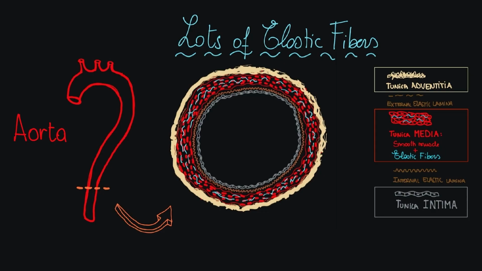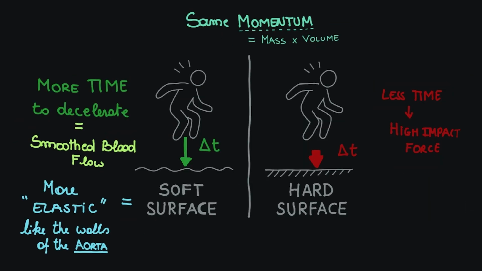This phenomenon is known as the Windkessel Effect. What's the Windkessel Effect? It's the fact that large arteries recoil, releasing this stored energy and maintaining sufficient arterial pressure to ensure uninterrupted blood flow.